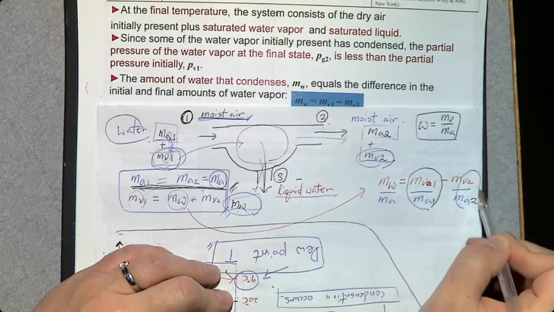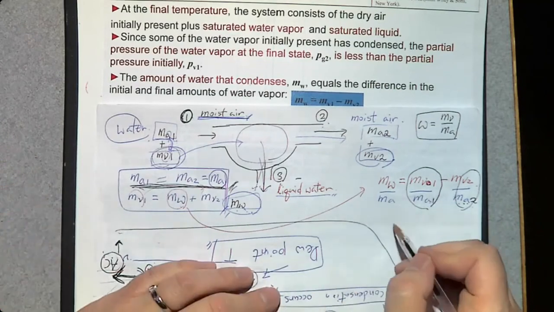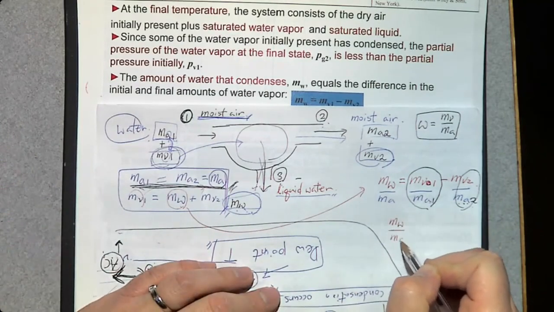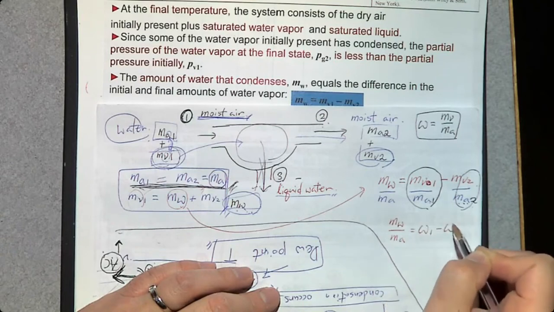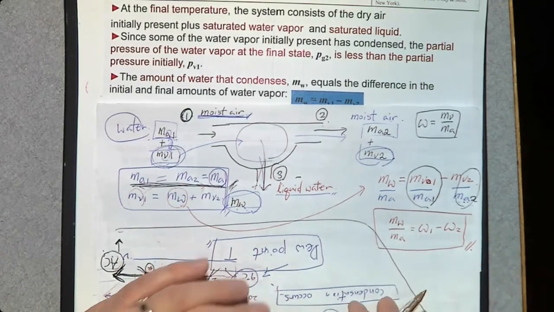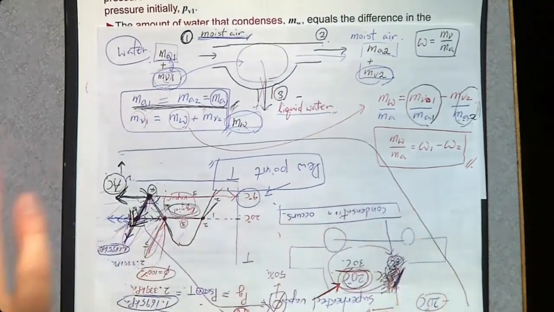This is going to be omega at the exit number 2. So mass of condensate divided by mass of dry air is going to be omega 1 minus omega 2. So we can use this equation when we have a condensation.